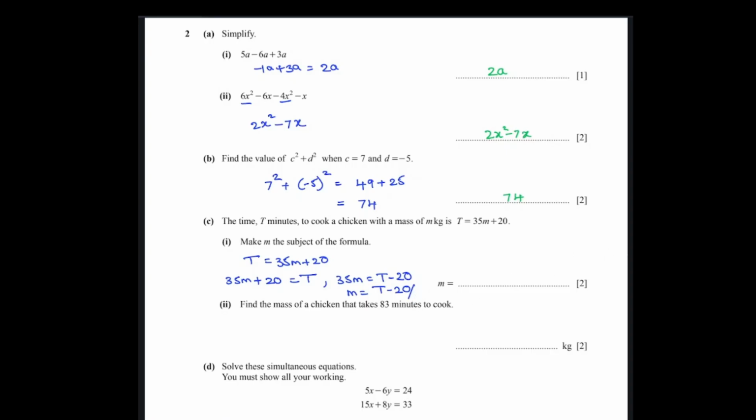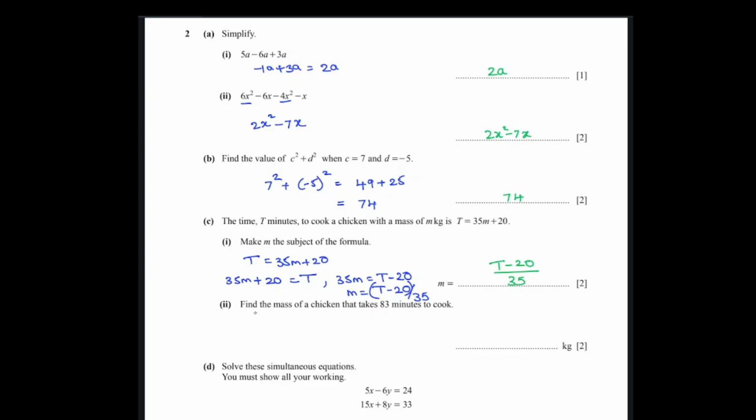Because it's multiplying, it will get divided. So it is T minus 20 by 35. Put the bracket here so that this division is for the whole expression.